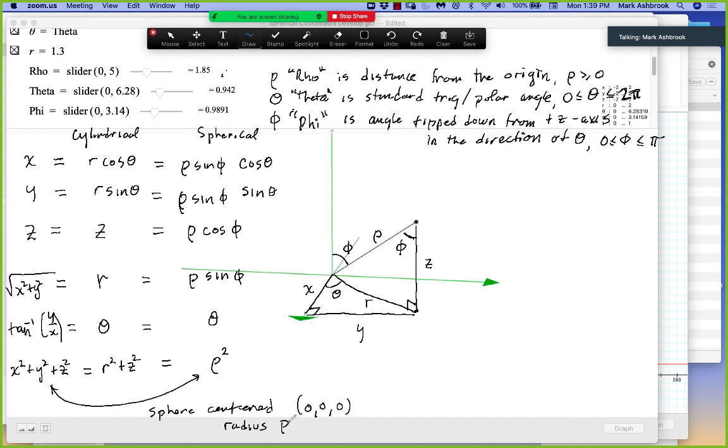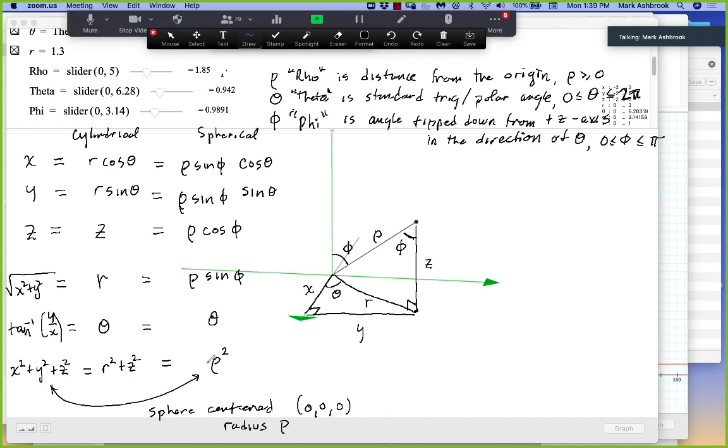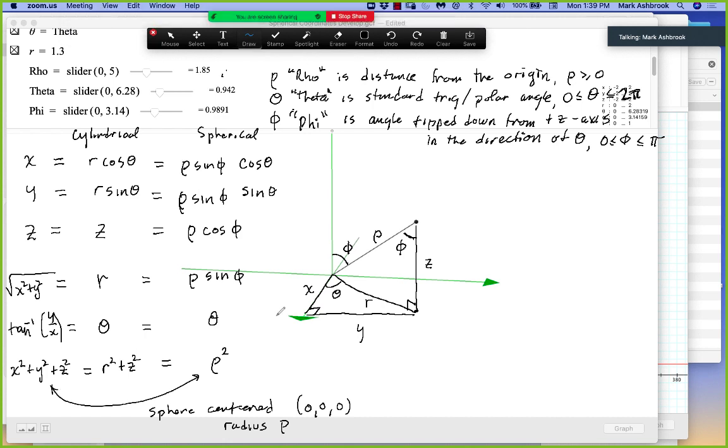That's considering rho to be the radius of a sphere. And we've got that relationship that matches the equation of a sphere here. Rho squared equals x squared plus y squared plus z squared. Thus, spherical coordinates based on constant values of rho give you spheres centered at the origin.